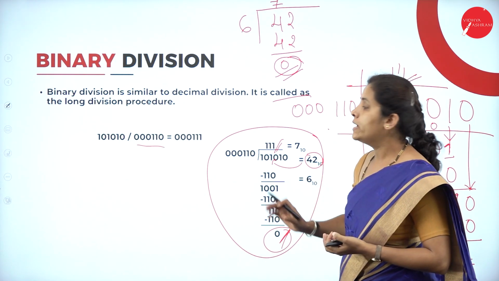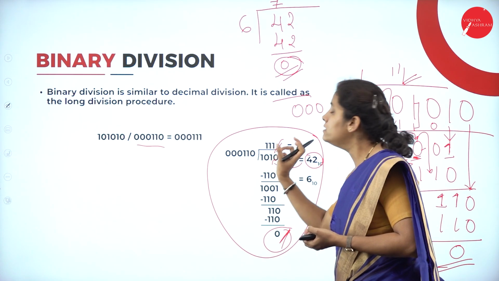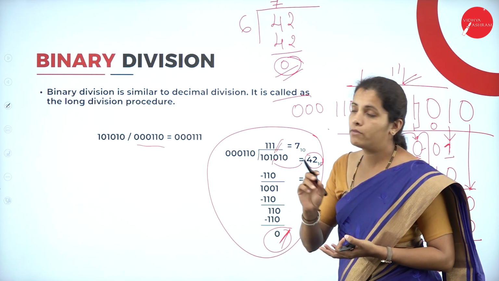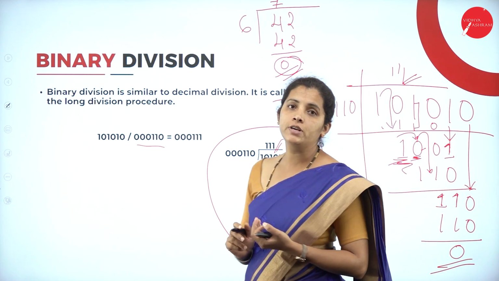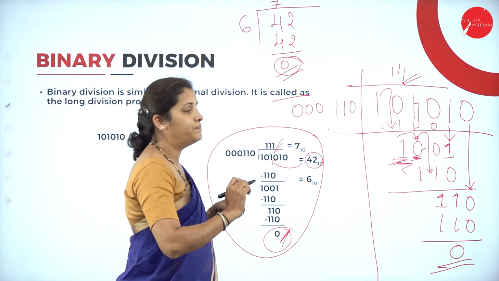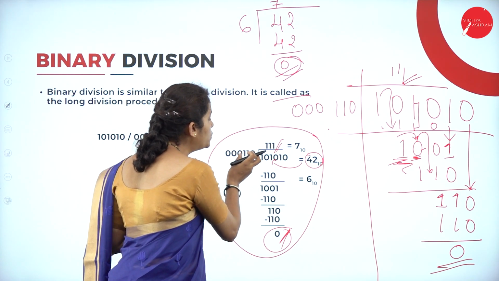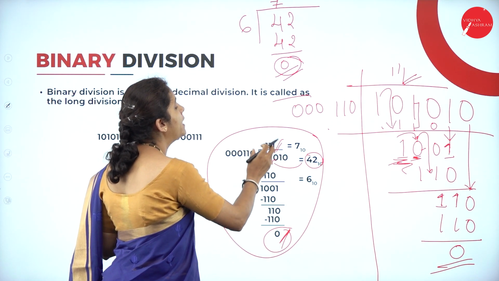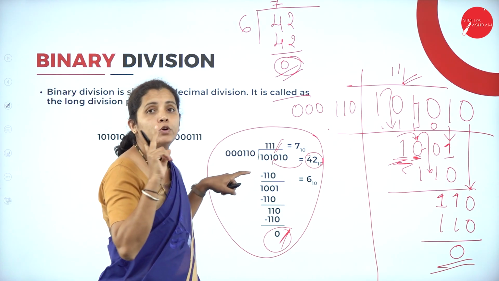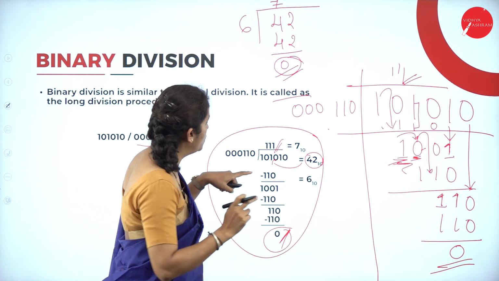Dear students, here I have 42, whose equivalent binary representation is 101010. Now I want to divide this number by the value 6, that is 110. Initially I'm going to divide by 1. That means 1 times 110, I am going to get 110.